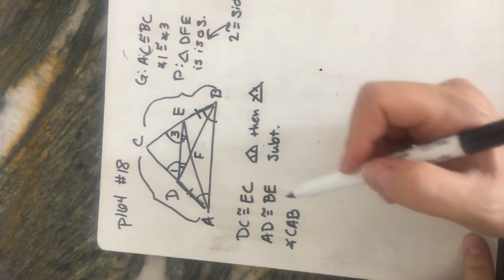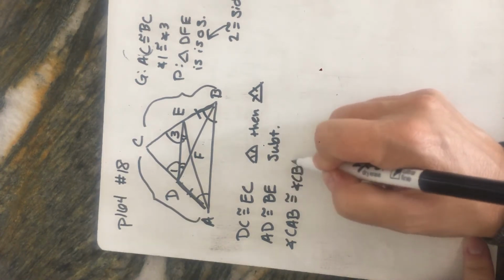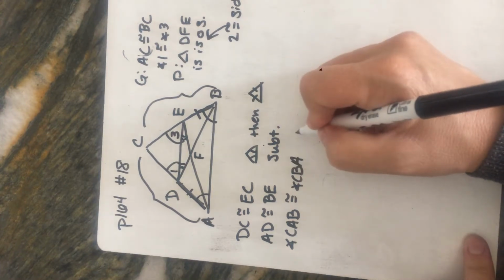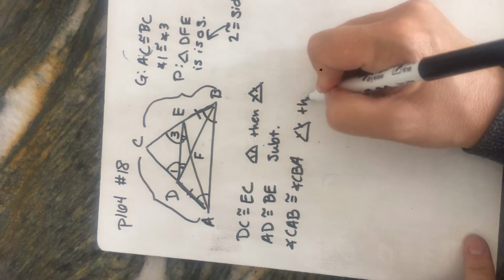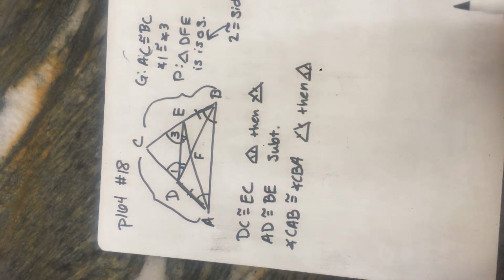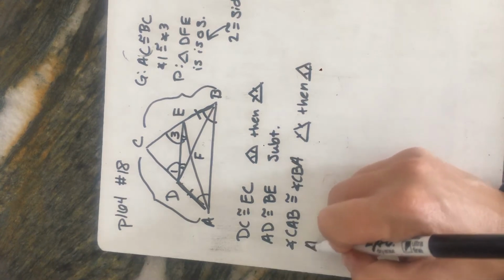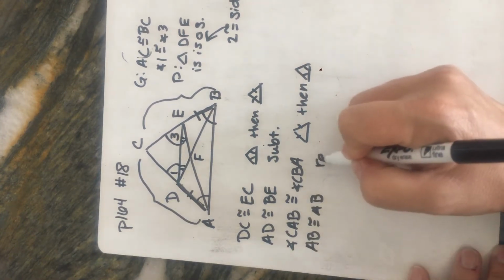We were at angle CAB is congruent to angle CBA because if the sides are congruent, then the base angles are congruent. And AB is congruent to itself by the reflexive property.